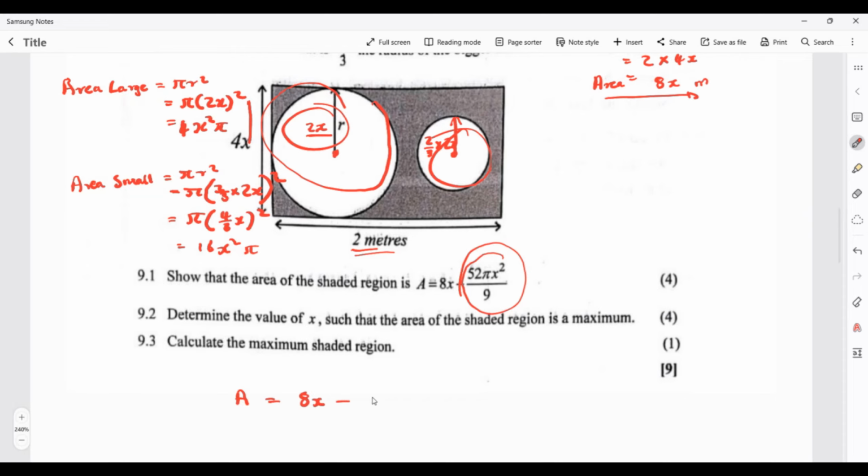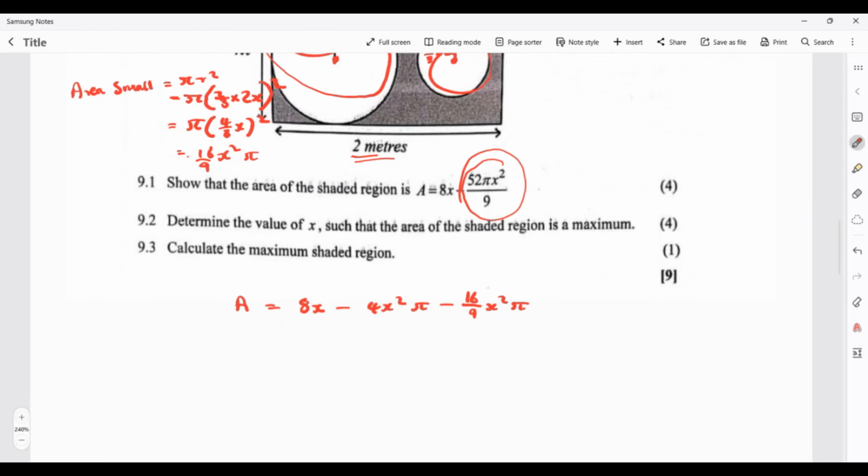So it's minus 4x squared pi, and also minus 16 over 9 x squared pi over there. All right, that's fine.